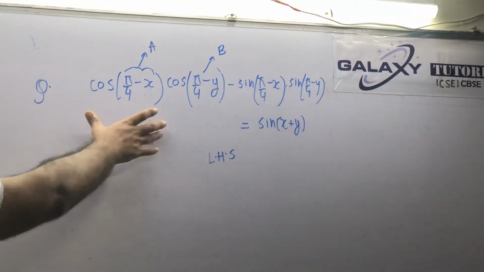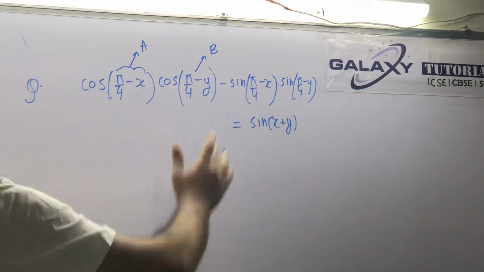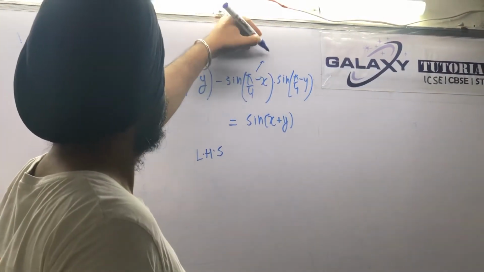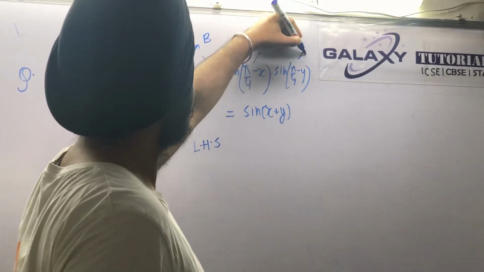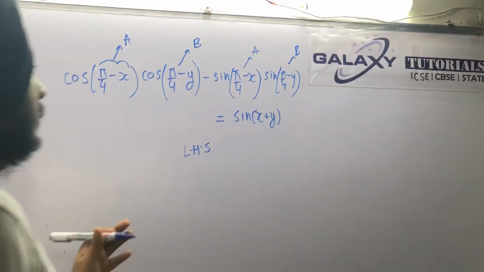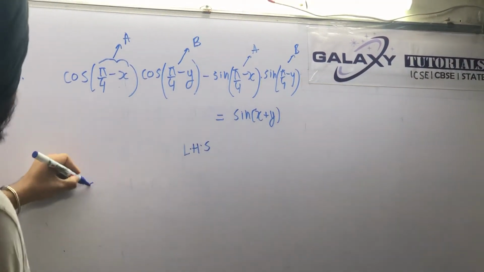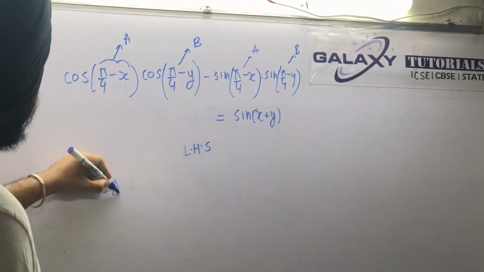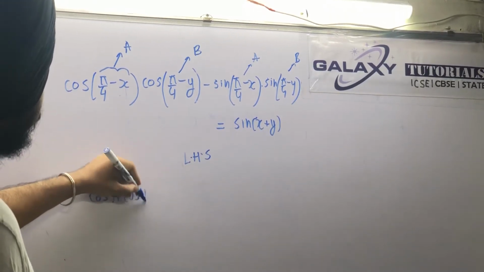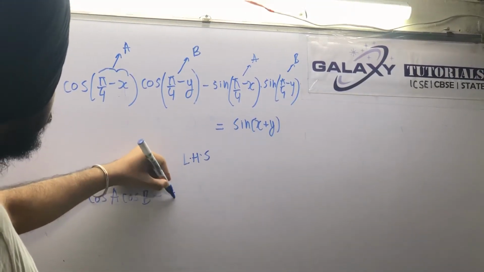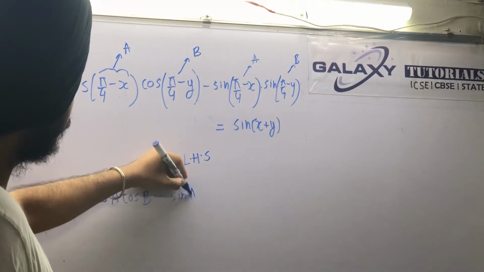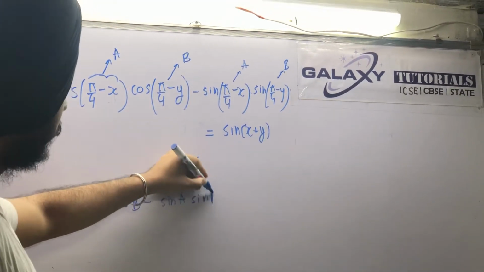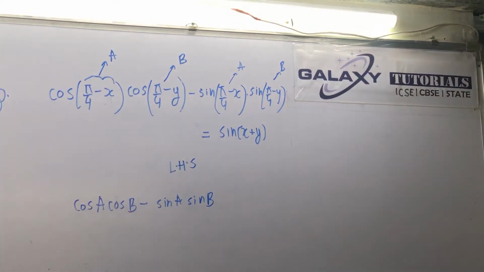You see cos A cos B minus sin A sin B, this is also A, right? And this is B. Okay, so we will now transform the question. This looks like something like this. Does this look any familiar to you?